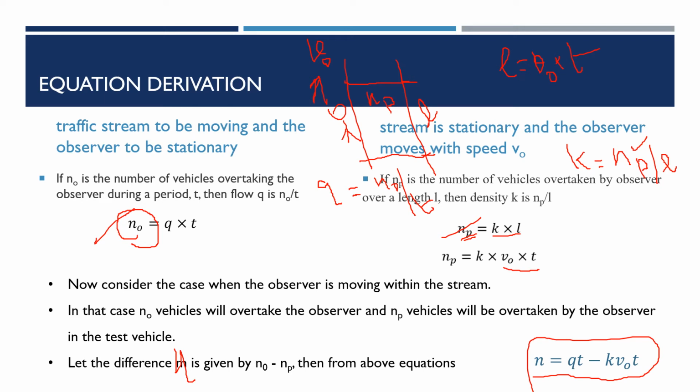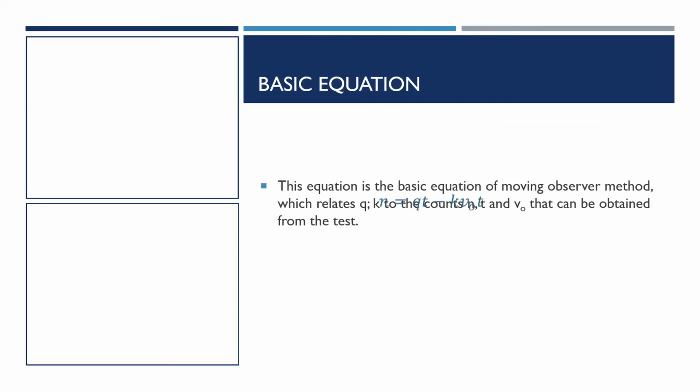N is given by N0 minus NP, which is equal to QT minus KV0T. And this equation, N is equal to QT minus KV0T, represents the basic equation of the moving observer method. If you connect it with our discussion on the importance of this method, you can make out that we are able to get the traffic stream variables simultaneously.